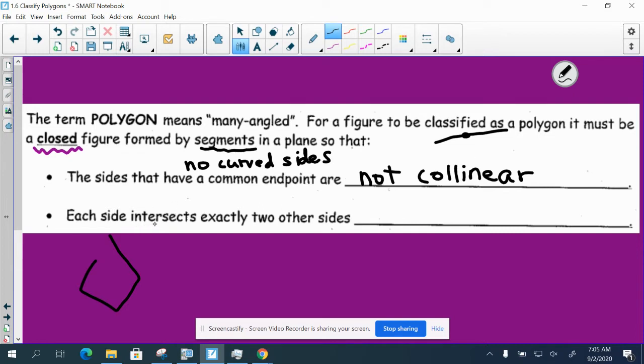And then each side intersects exactly two other sides at their endpoints only. For example, if we took this and extended it to close it, but it met at the side of this segment rather than its endpoint, then that wouldn't be a polygon.